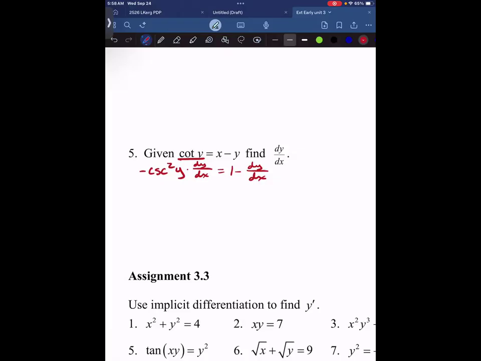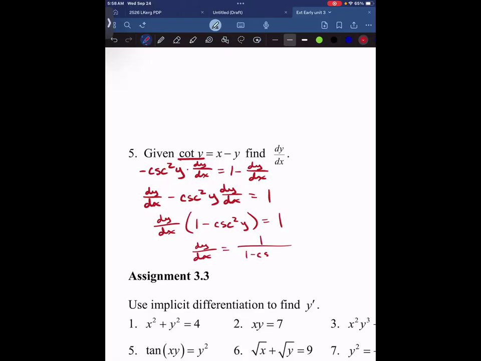I'll move this one over. So I have dy/dx minus cosecant squared y dy/dx equals 1. We factor out that dy/dx: dy/dx times (1 minus cosecant squared y) equals 1. So dy/dx equals 1 over 1 minus cosecant squared y.